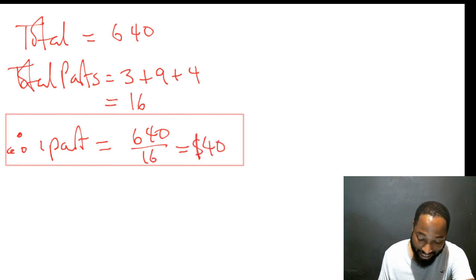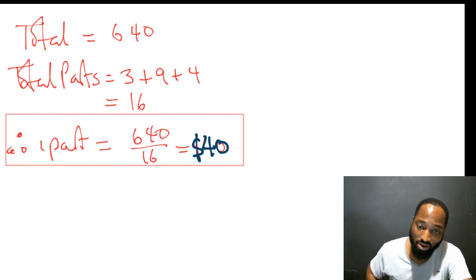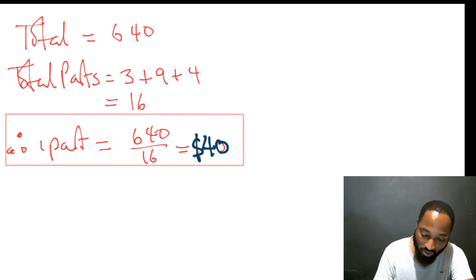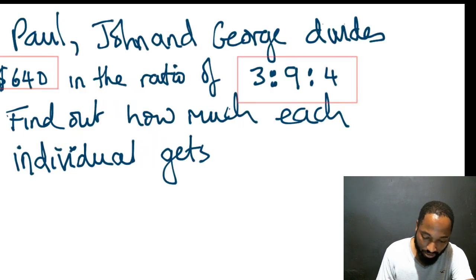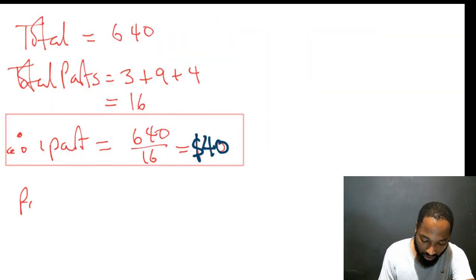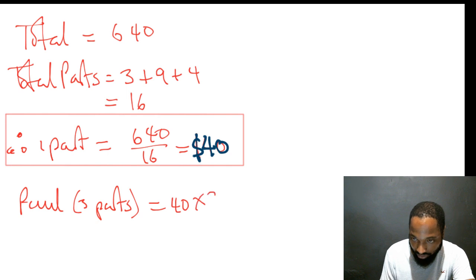So now it's very easy. Once I have this $40, this represents one part, it's very easy for me to figure out the rest, because this is one part and everybody's getting a certain number of parts. Paul gets 3 parts, so he's going to get 40 times 3.